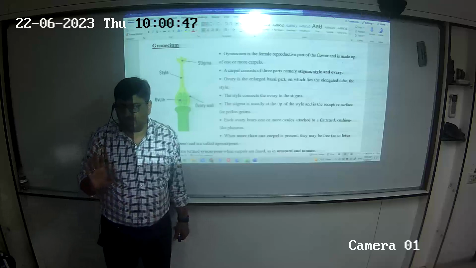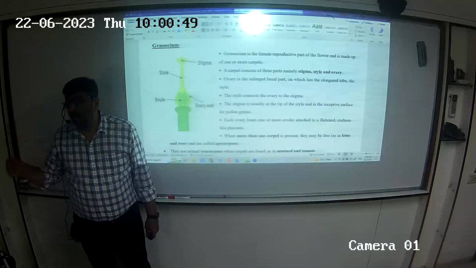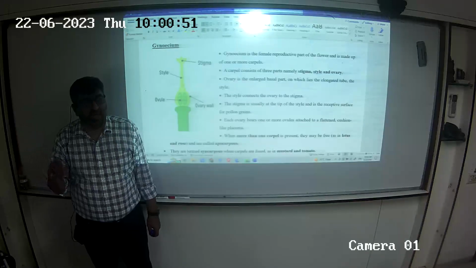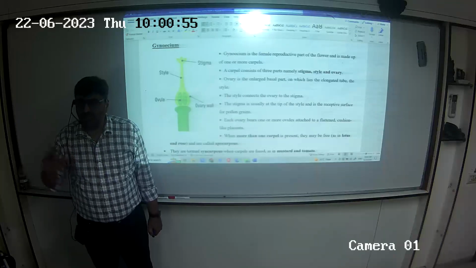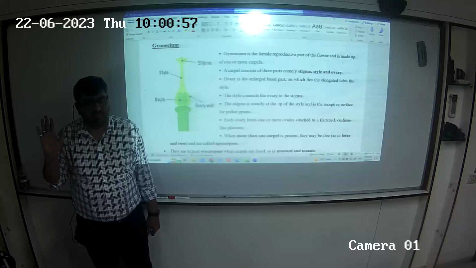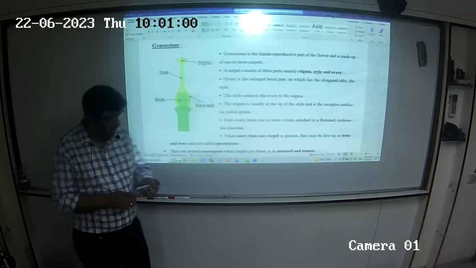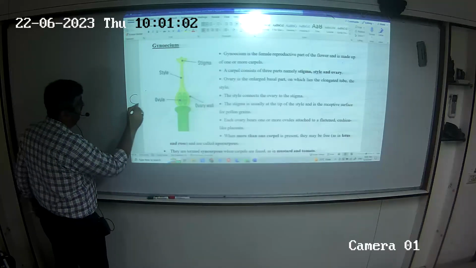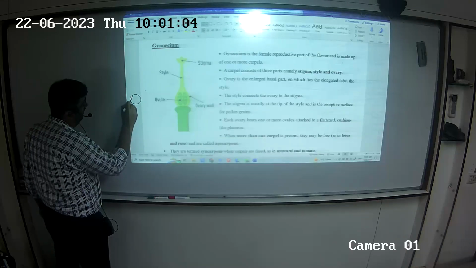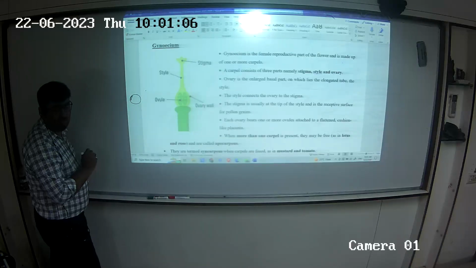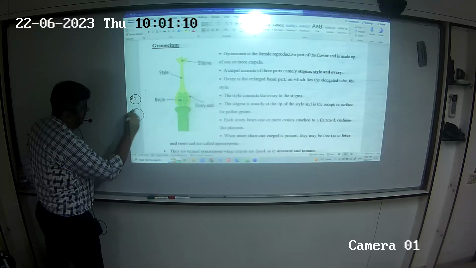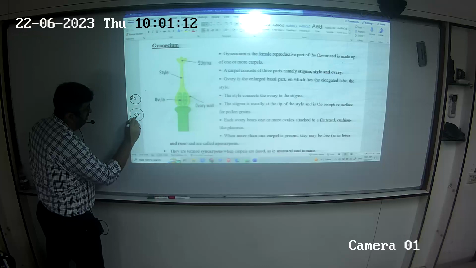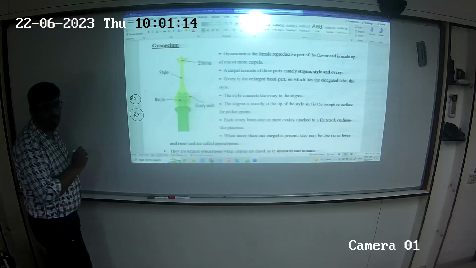The position of placenta is variable, but attached to the placenta are ovules. The ovule is always attached to the placenta. This is fixed. So if this is placenta, ovules are attached to the placenta.